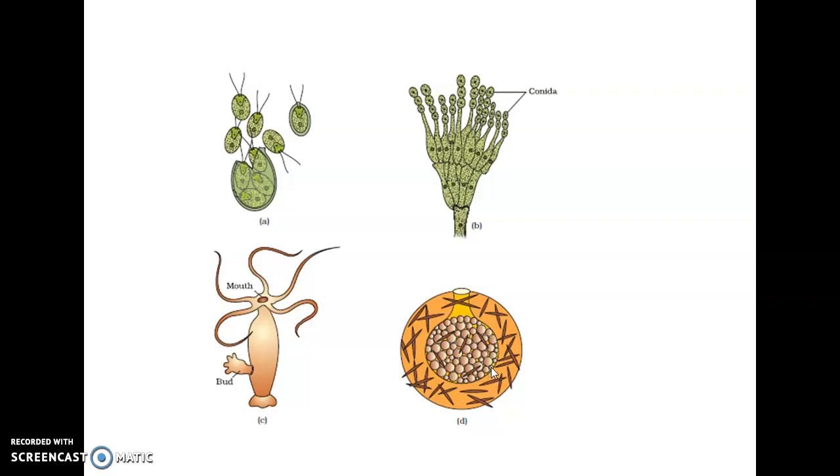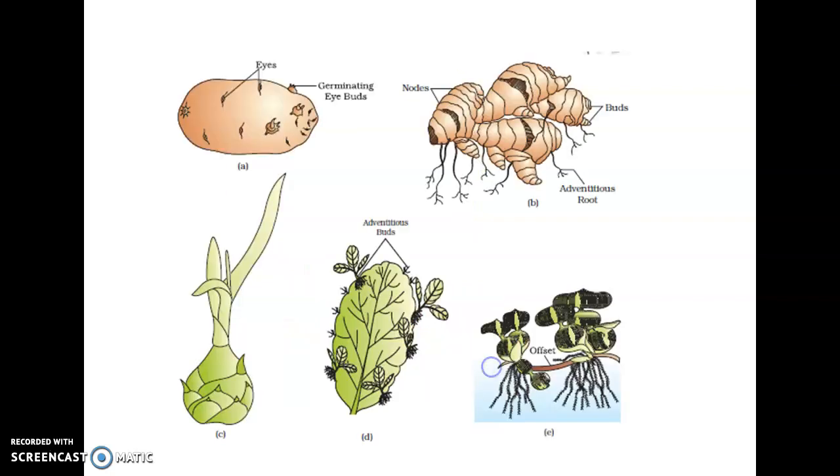Then, children, in animals and other simple organisms we use the term asexual reproduction, isn't it? But in plants we use the term vegetative reproduction, and the part which produces a new plant we call a vegetative propagule.